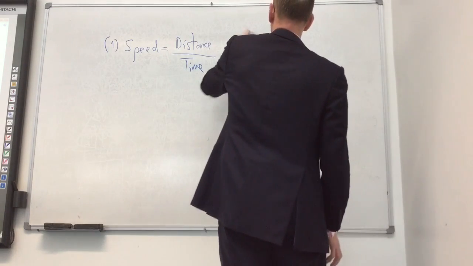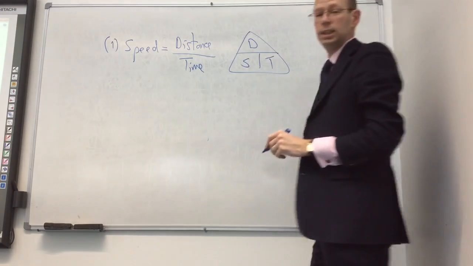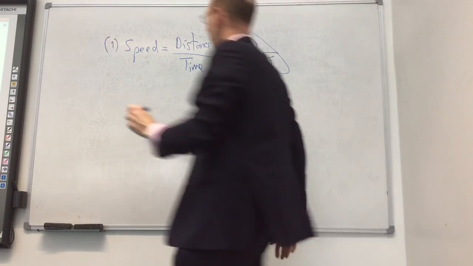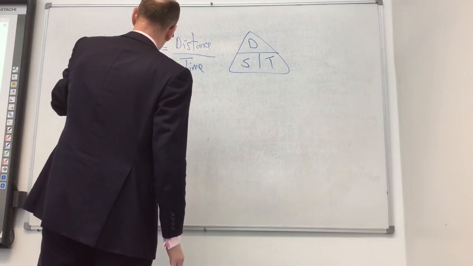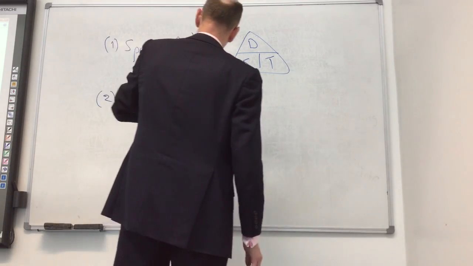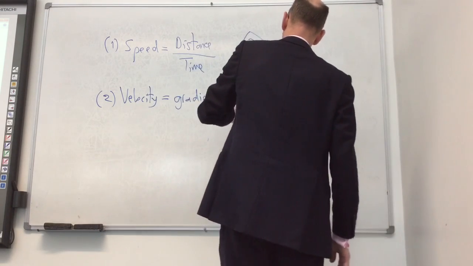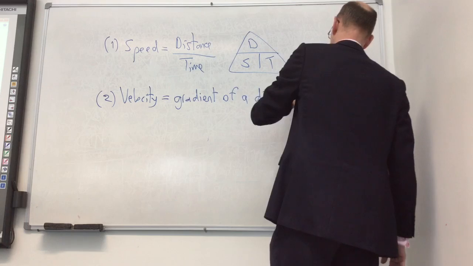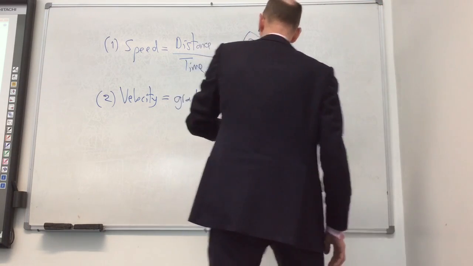If you want the triangle, speed is distance divided by time. Number two, velocity can be measured off a graph by looking at the gradient of a distance time graph.